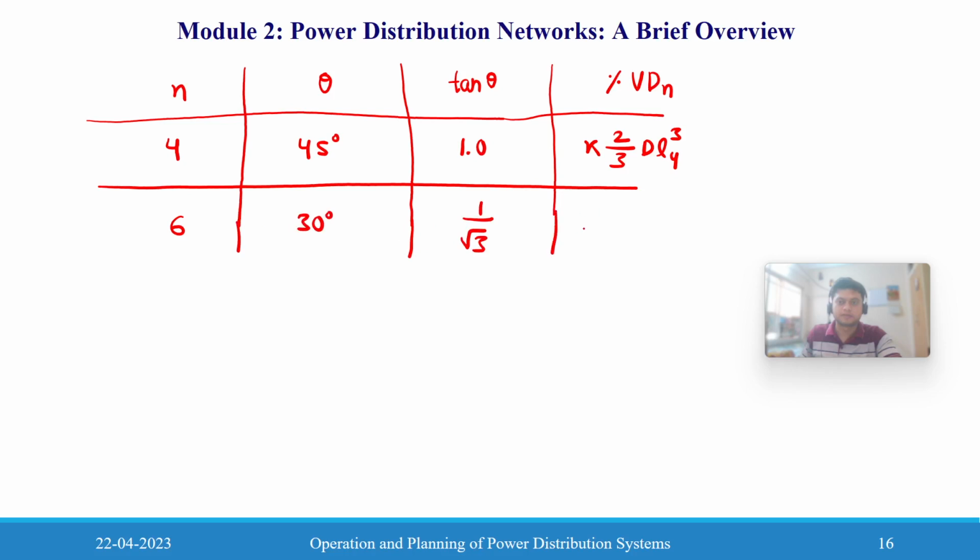So percentage voltage drop will be k2 divided by 3 root 3 dL6Q.